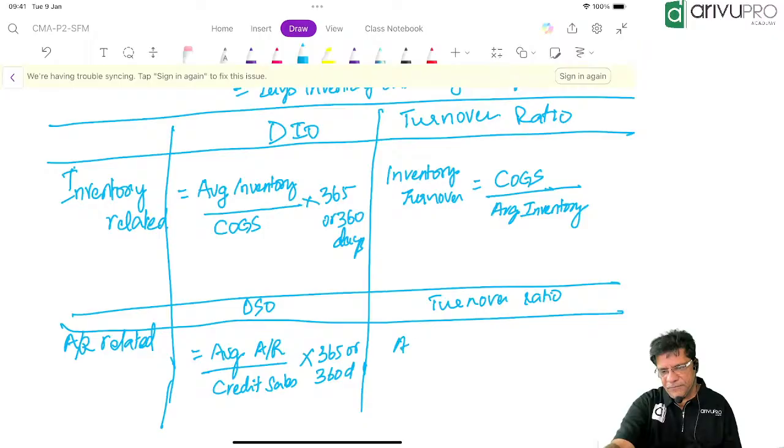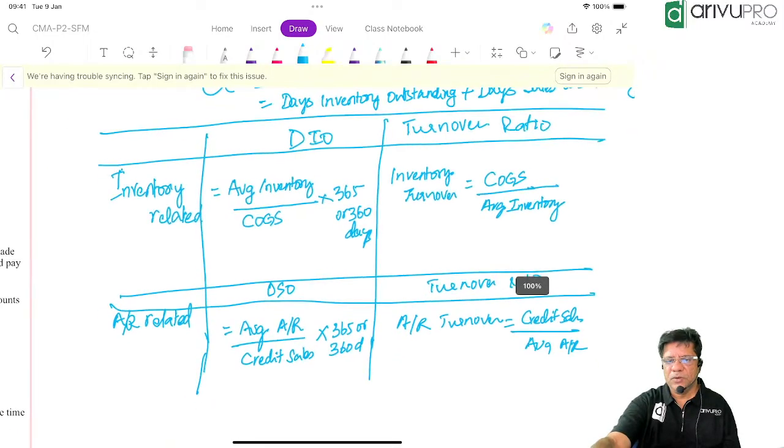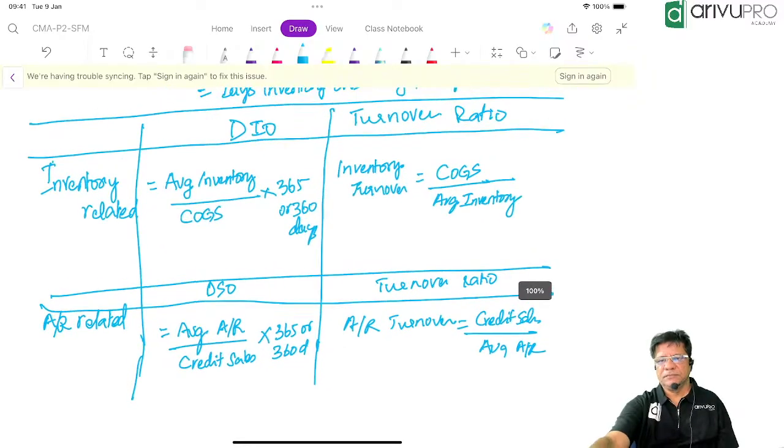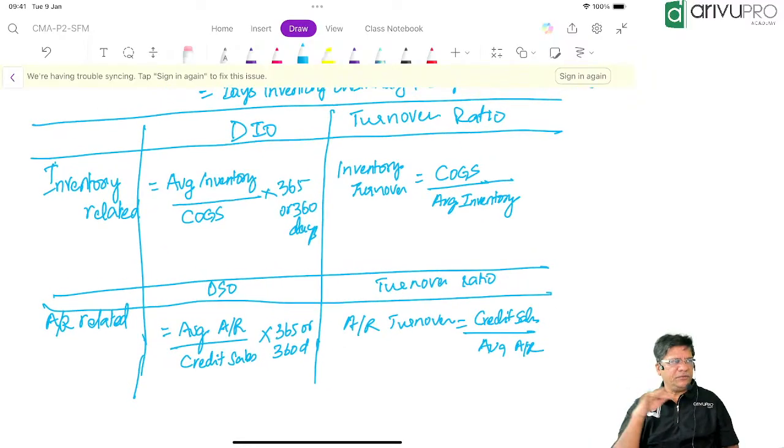AR turnover is equal to credit sales divided by average AR. Okay, now you can plan your page. Use a scale if you have, and write them down.